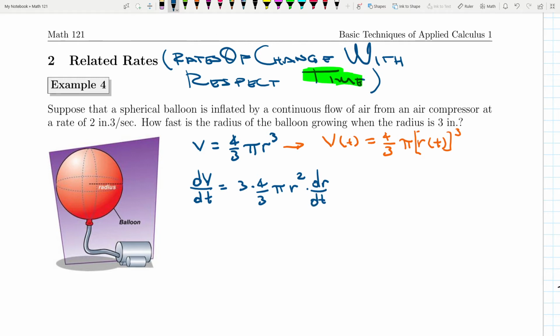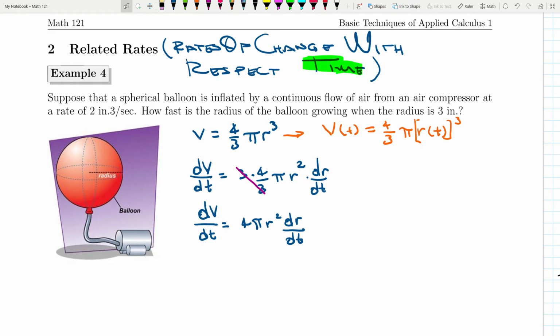All right, and of course you might want to cancel these, and dV/dt equals 4 pi r squared dr/dt. Okay, now what kind of information are we given and what are we being asked to find?